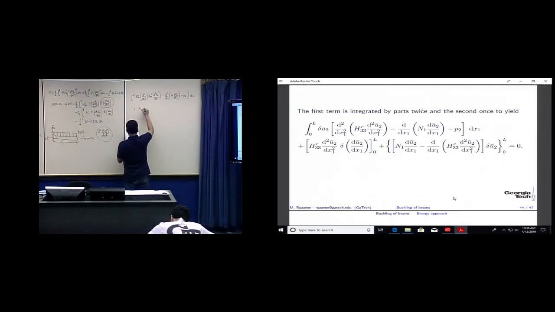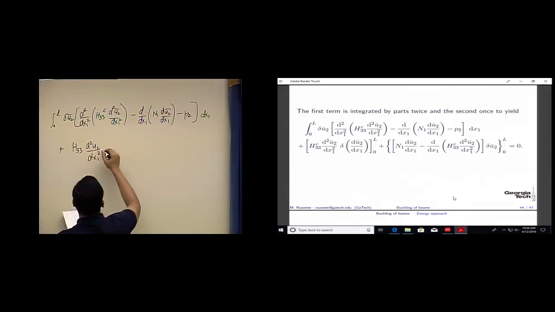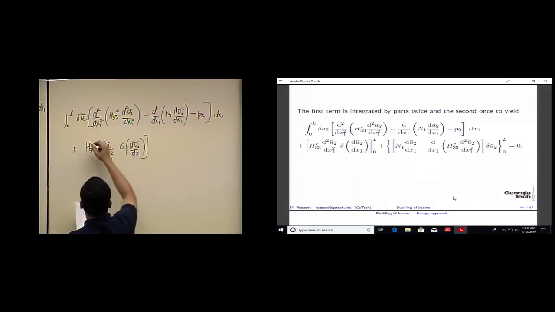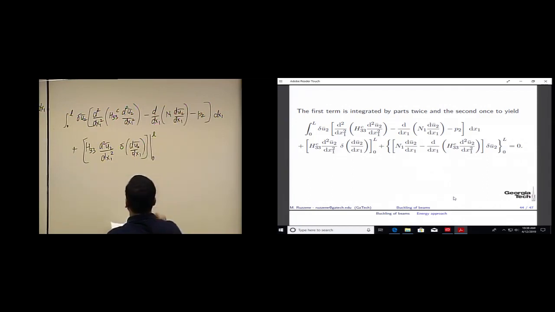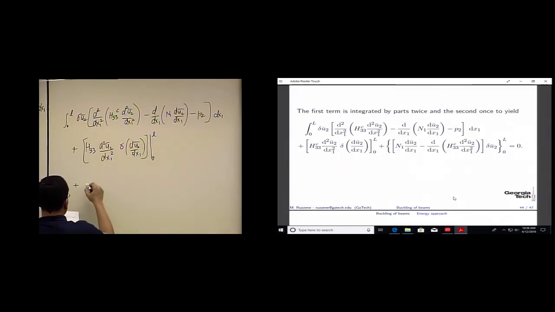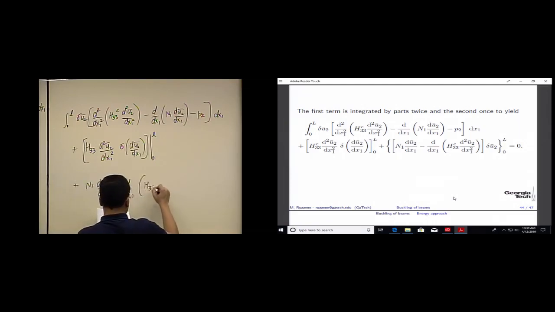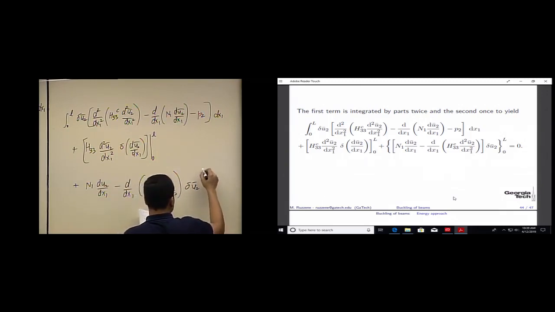So those are h33 times the second order derivative of u2 with respect to x1, and then delta du2 over dx1, and it's a definite integral 0 to L. And then we have another term which is n1 du2 over dx1 minus d over dx1 h33 second order derivative of u2 with respect to x1 times variation in u2, and again this is also a definite integral.